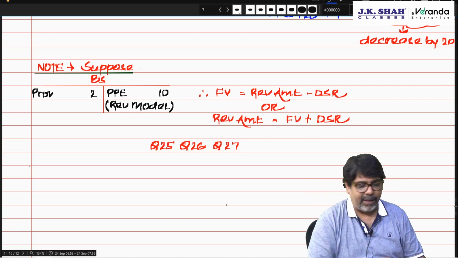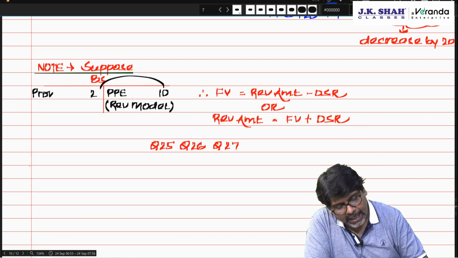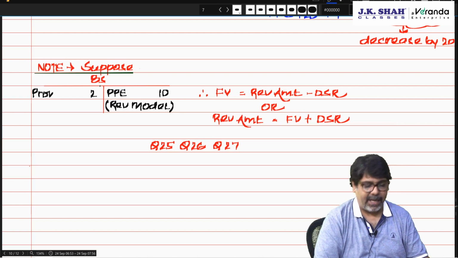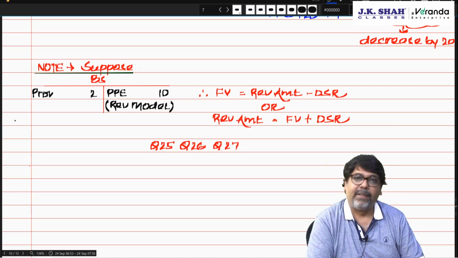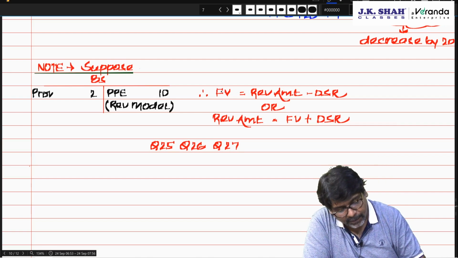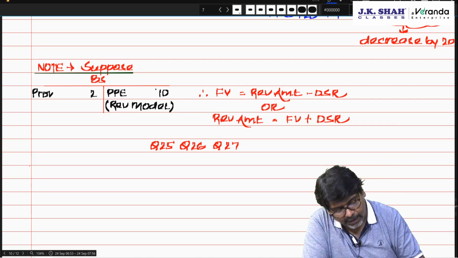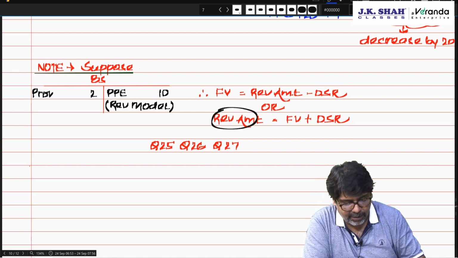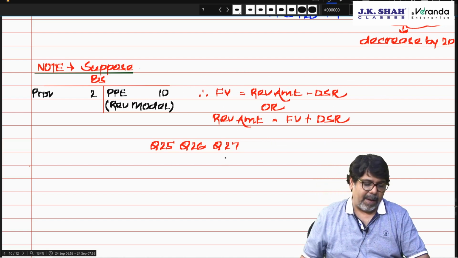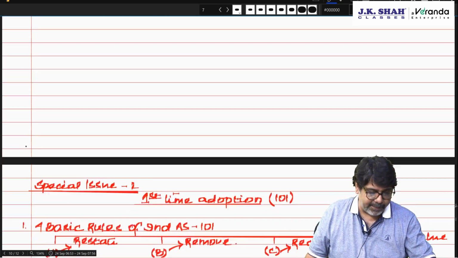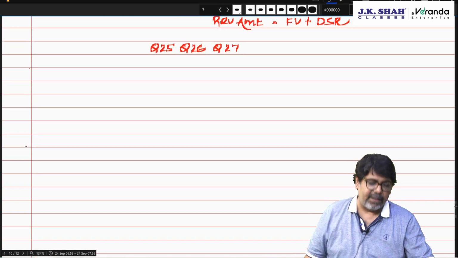So what is the fair value of the asset? 10 minus 2, because the person who will buy for 10 rupees will deduct 2 rupees. Correct? So we say fair value is equal to revalued amount minus DSR, or revalued amount is equal to fair value plus DSR. This will help you solve questions. Am I clear?